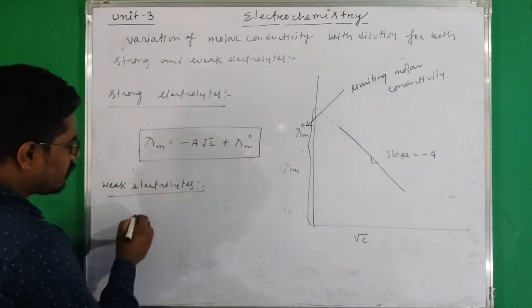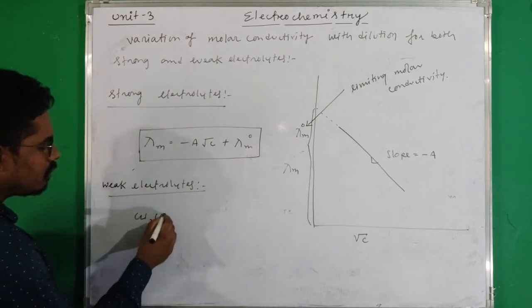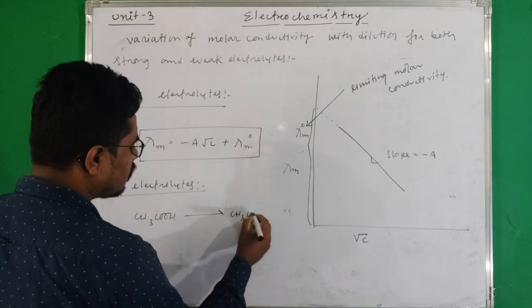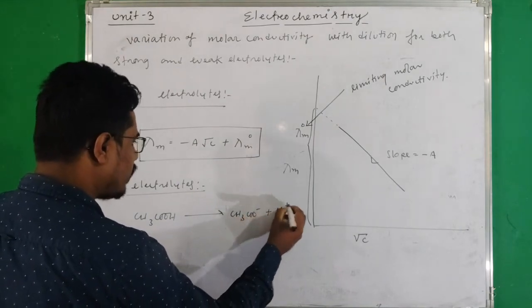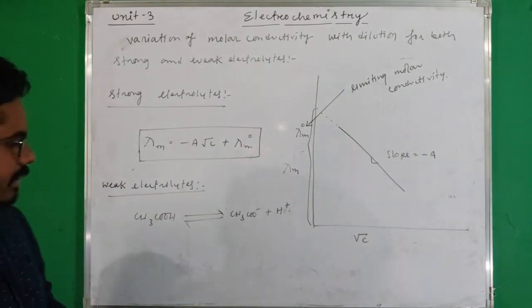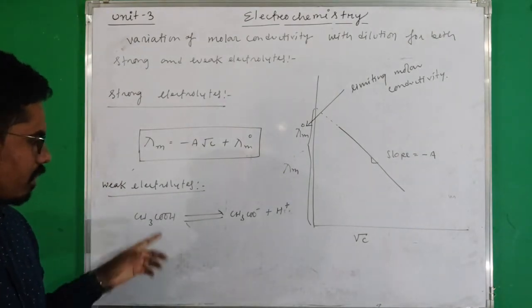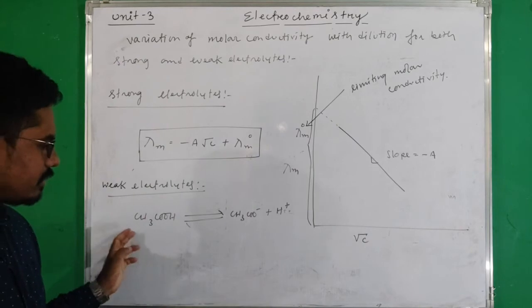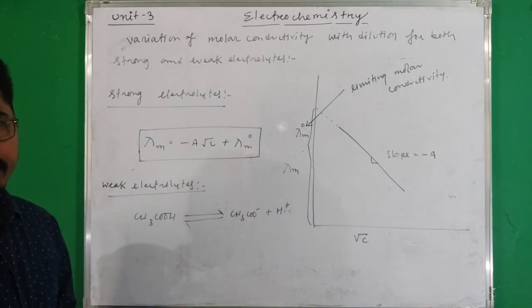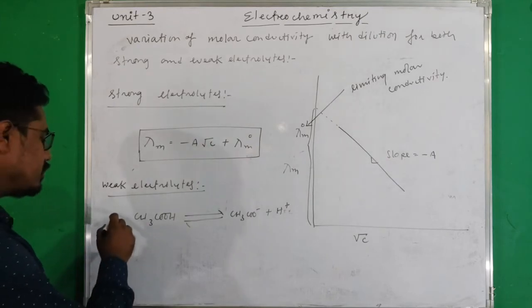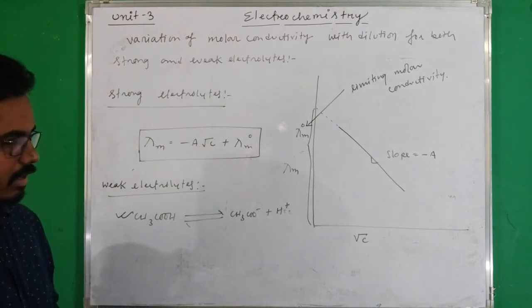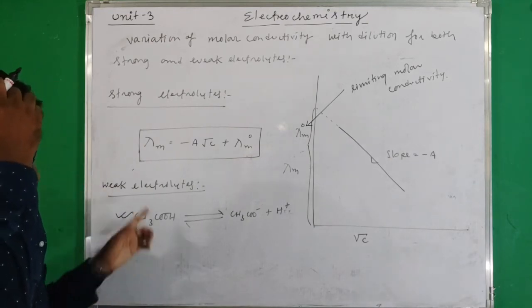Weak electrolytes are those electrolytes which do not completely dissociate into constituent ions. That means in a solution of acetic acid we will obtain acetic acid, acetate ions and H positive ions. Undissociated acetic acid will always remain in the solution.